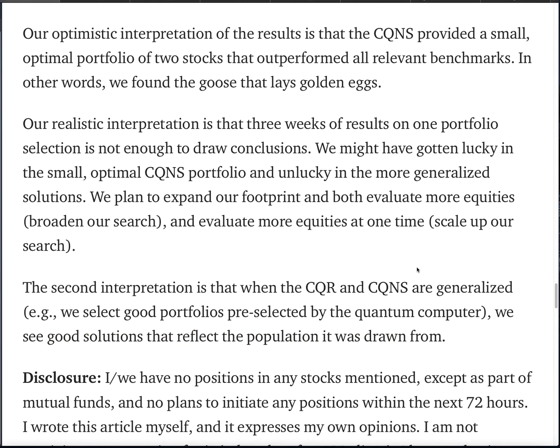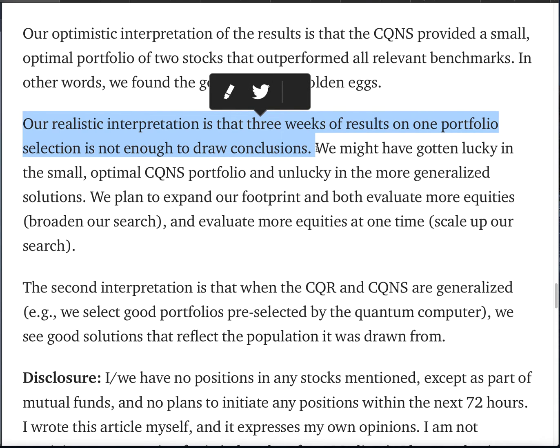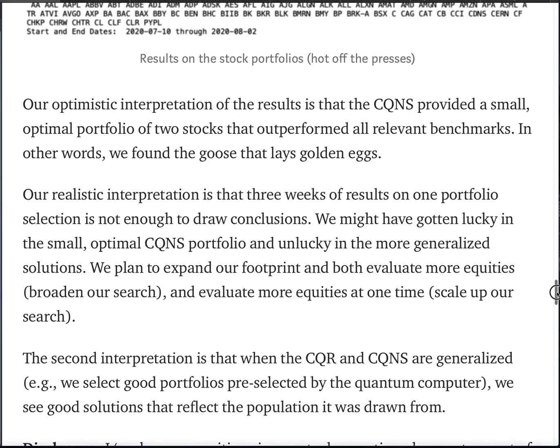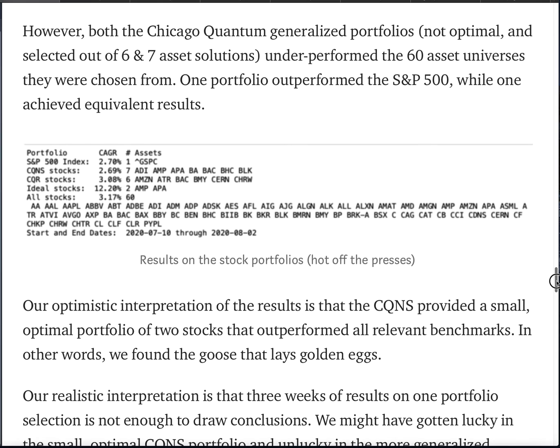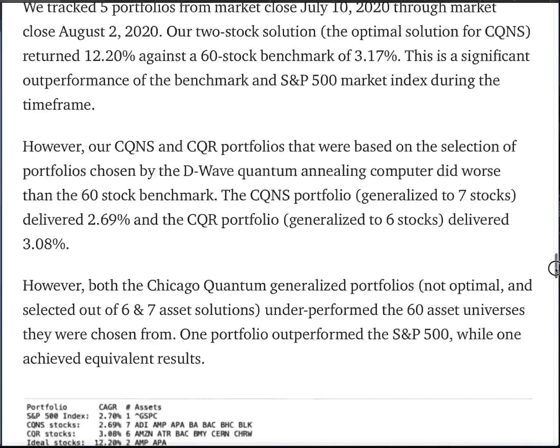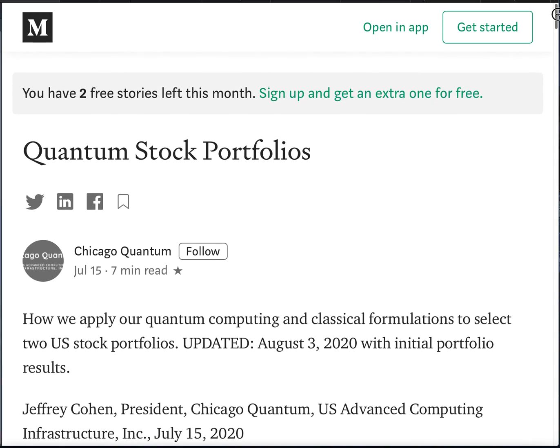It's good. The realistic interpretation is that 3 weeks of results is not enough to draw a conclusion. We might have gotten lucky. But that's okay. Sometimes I'd rather be lucky than smart. In this case, at least we see good general performance against the benchmarks for our particular 2 portfolios, and our ideal stock portfolio just blew the benchmarks out of the water.